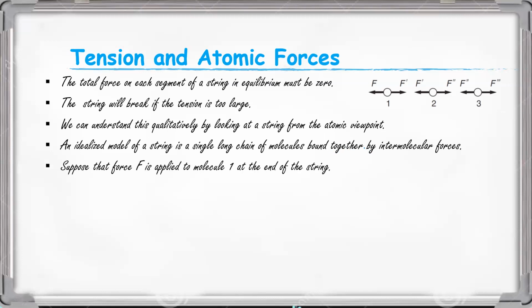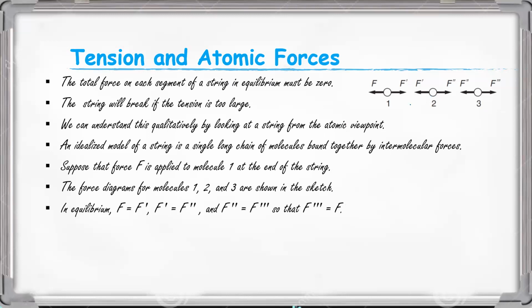Suppose that the force F is applied to molecule 1 at the end of the string, and here the force diagrams for molecules 1, 2 and 3 are shown in the sketch.